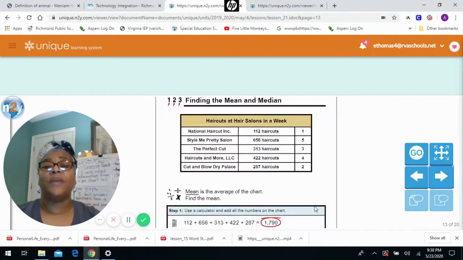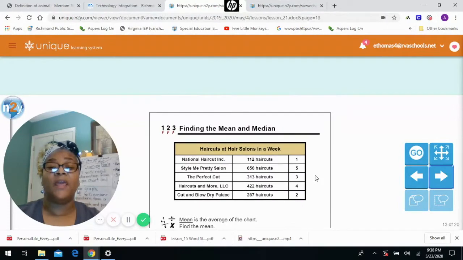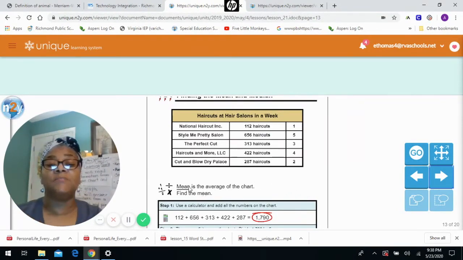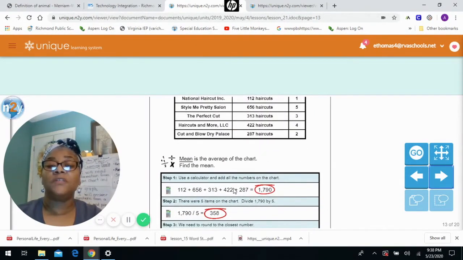All right, so now we're getting to finding the mean and median. Now, the mean was the average of all of the numbers. It says mean is the average of the chart. So that means you add all of these numbers together, and this is your number. You have to add 112 plus 656 plus 313 plus 422 plus 287 equals 1,790.